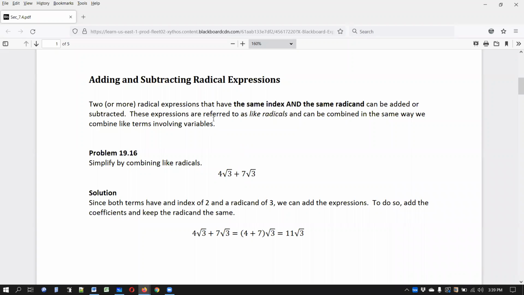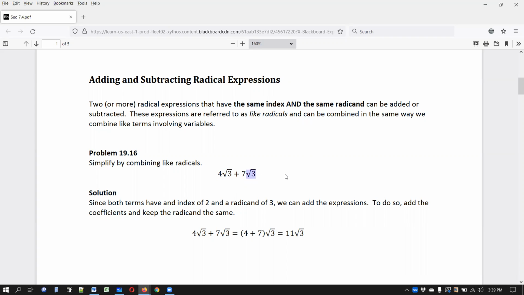When we add or subtract these radical expressions, the important thing to remember is that it's only possible if the radical expressions have the same index and the same radicand, as you see here, for example. When we consider 4 radical 3 plus 7 radical 3, we have to look at the radical and the number inside it.